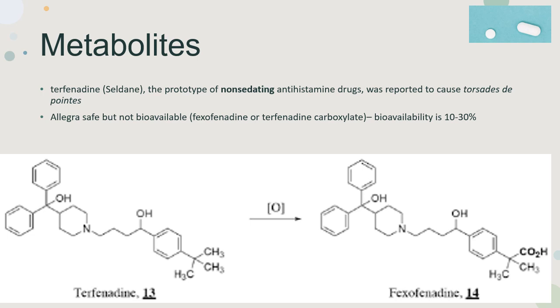But then rarely people would have torsades de pointes, which is basically an arrhythmia, like a cardiac malfunction. We'll say that just the electric signal in the heart isn't transmitted correctly. Well, come to find out, this was the active form, the fexofenadine, which was terfenadine carboxylate.